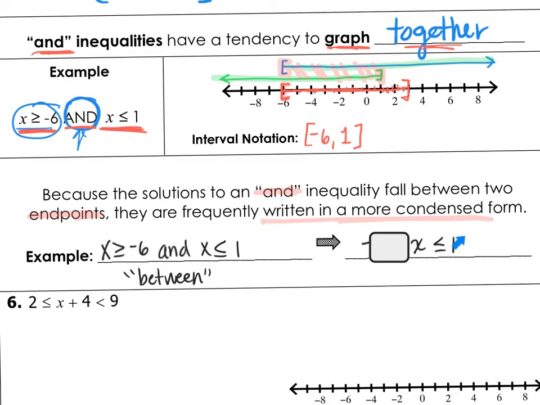So we basically turned this one around, still keeping the -6 in front of the small part of the inequality sign and the x in front of the big mouth of the inequality sign. Turned this around and squished them together. And basically we're showing that x is a number in between -6 and 1.